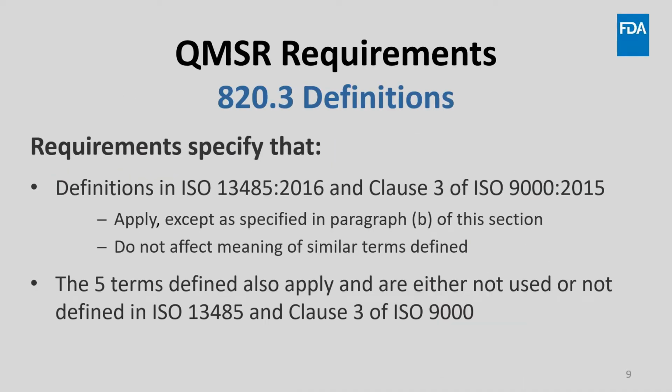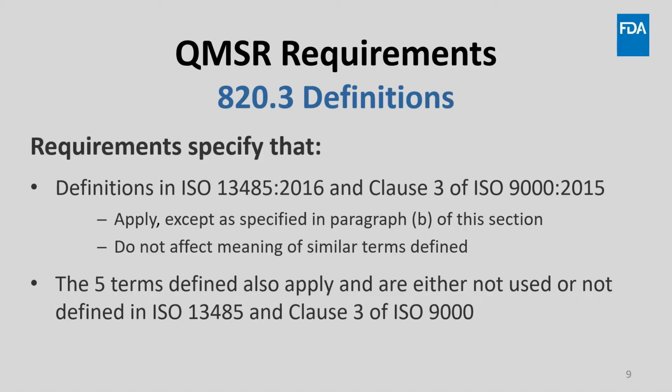Requirements of Section 820.3 of the QMSR pertaining to definitions specify that the definitions in ISO 13485:2016 and Clause 3 of ISO 9000:2015 apply, except as specified in paragraph B of this Section 820.3, and they do not affect the meaning of similar terms defined in the Title 21 Code of Federal Regulations.